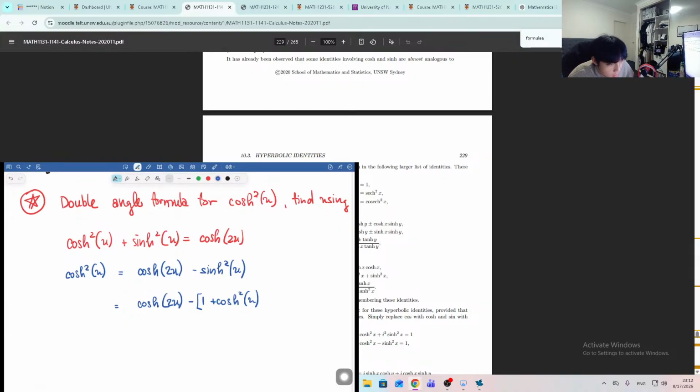How do we turn that into something that we could use? Sine x is cosh minus 1, minus sine x is equals to 1 plus cosh.